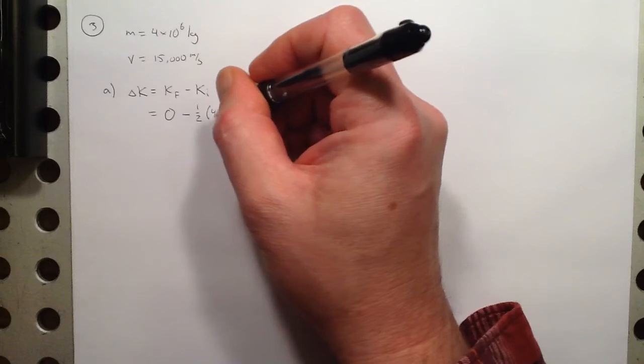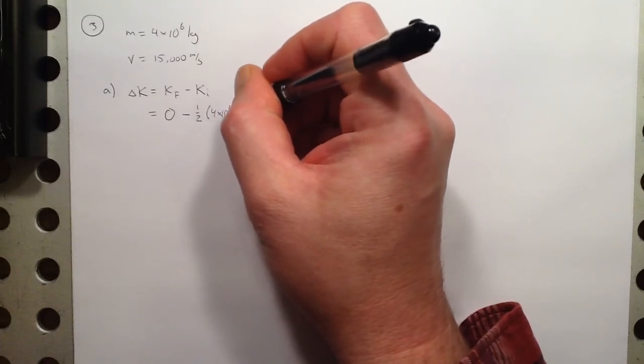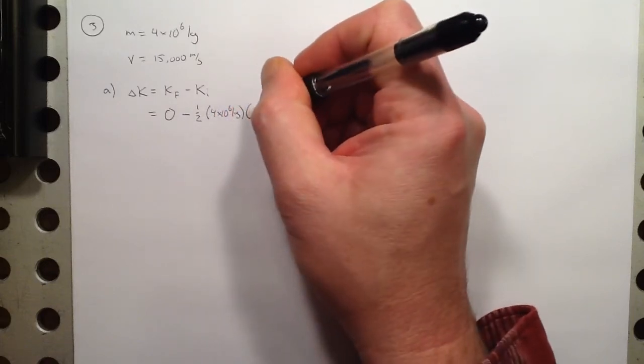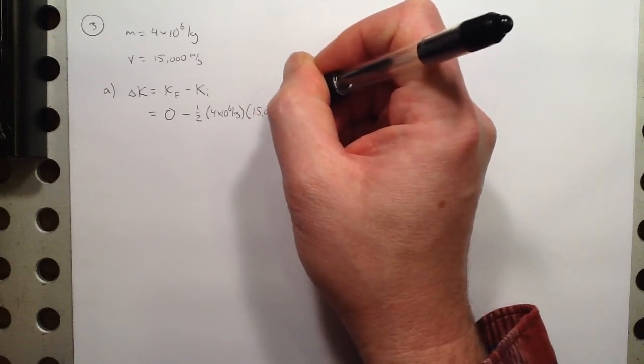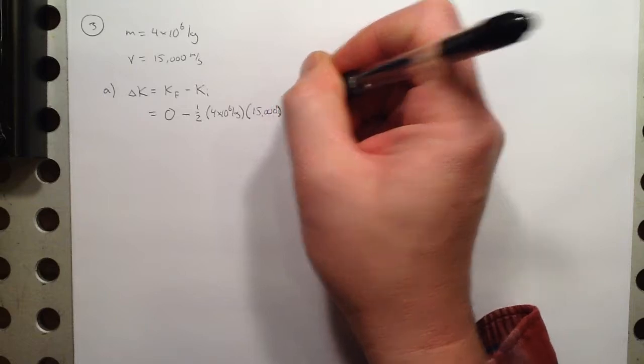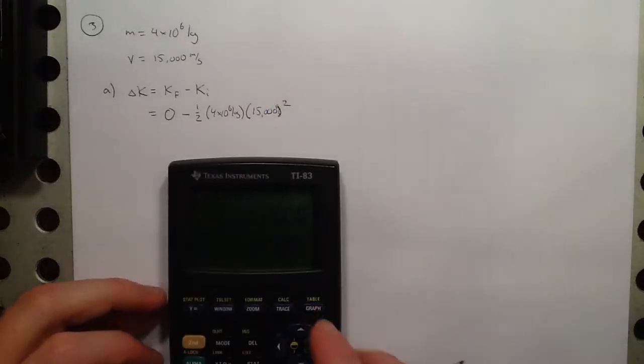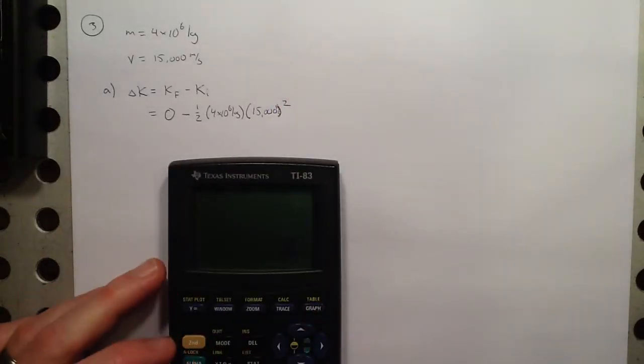So let's see, mass times velocity. I put my units in there just to be consistent. Squared. So let's see what we've got here.